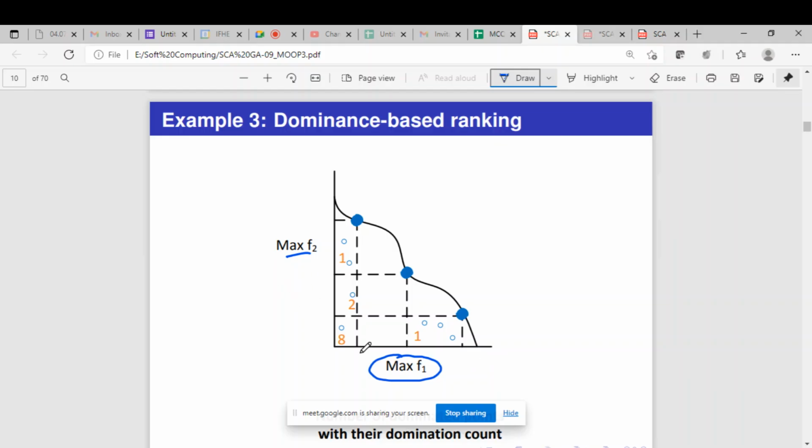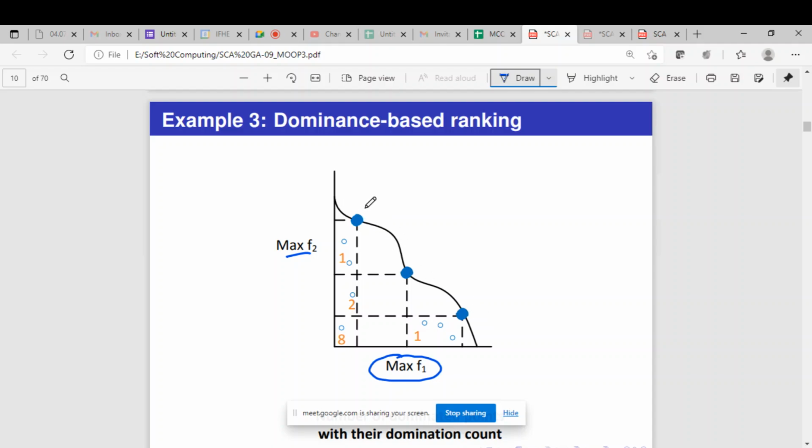Okay, so let us consider these points. So this is the Pareto optimal. So this region, if you see, this is the Pareto optimal front here.